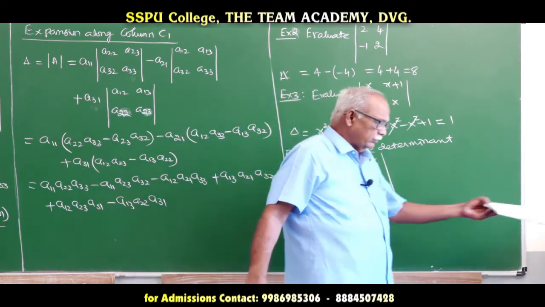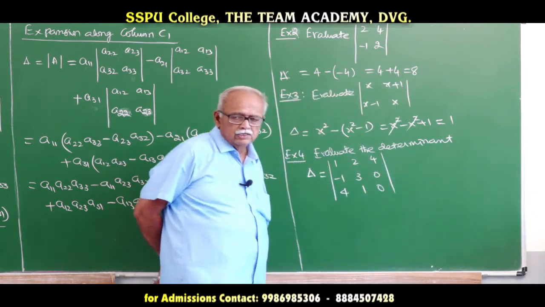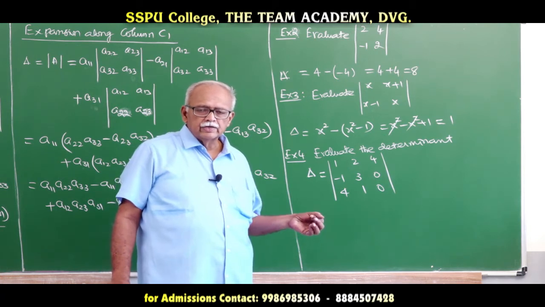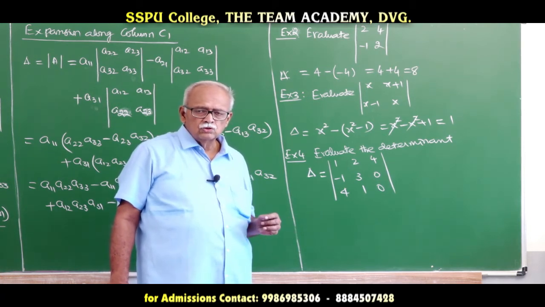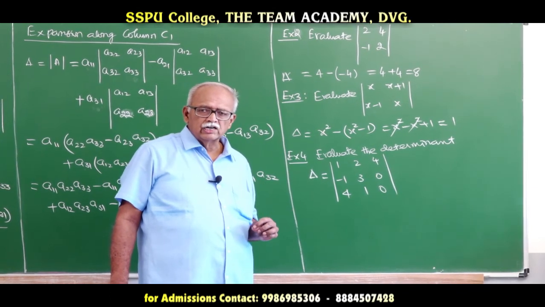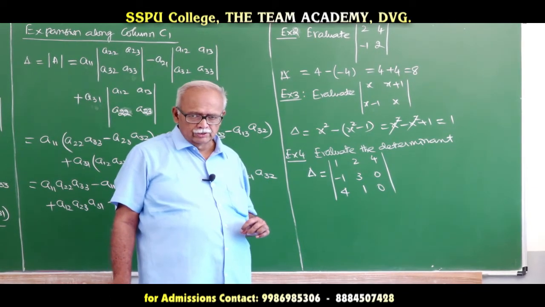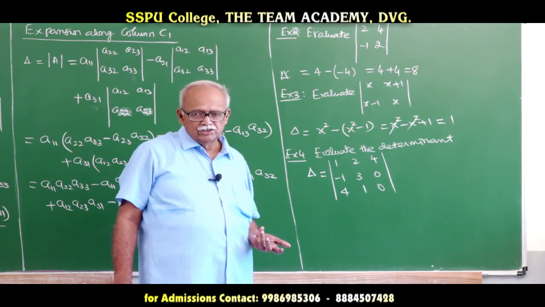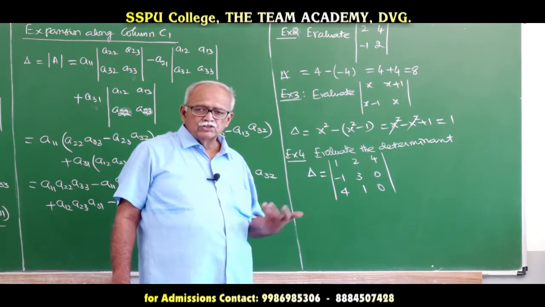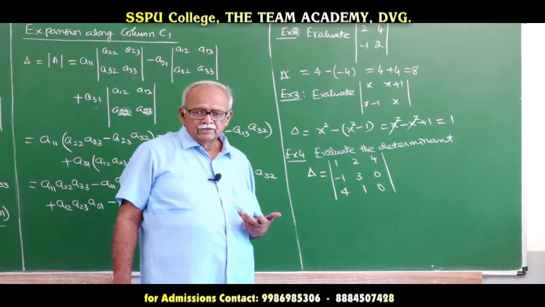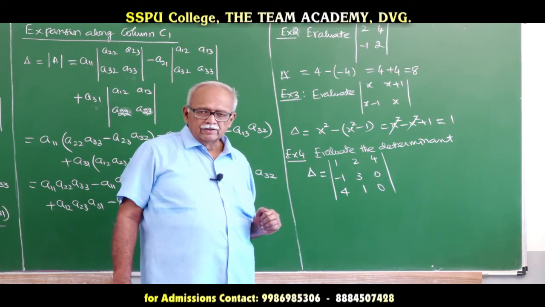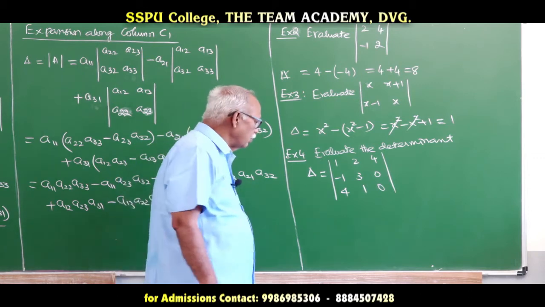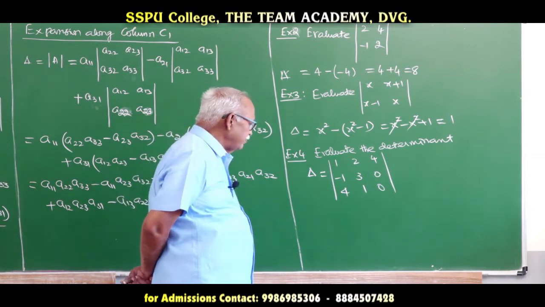One important thing is, if we want easier calculations, we should take the expansion through that row or column which contains the maximum number of zeros. Whenever you get 0, 0 multiplied by anything is 0. So, we expand through the one with the maximum zeros, then our work will be simpler, easier. So, time saving.